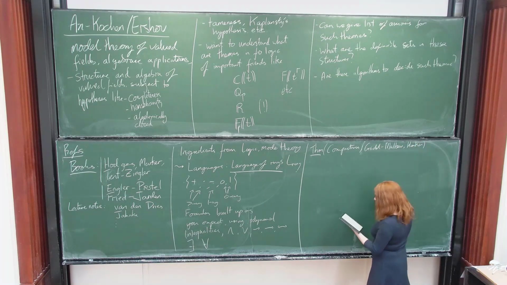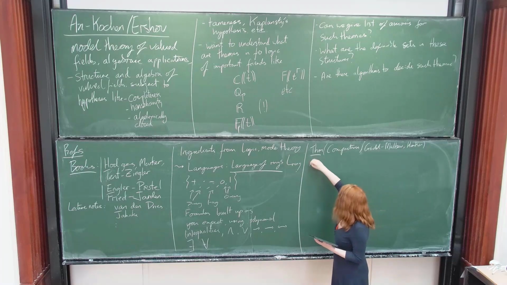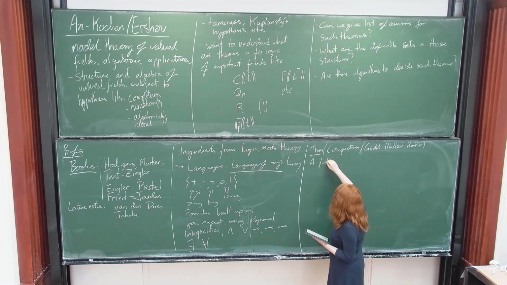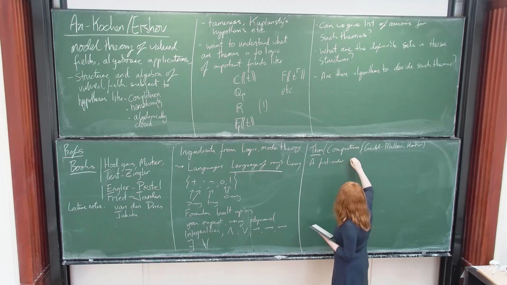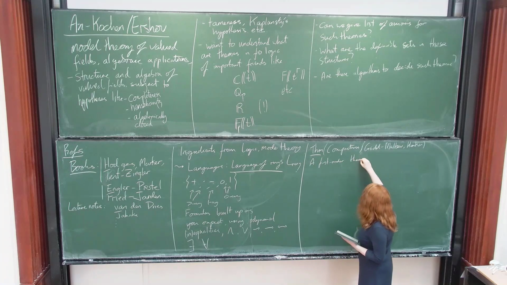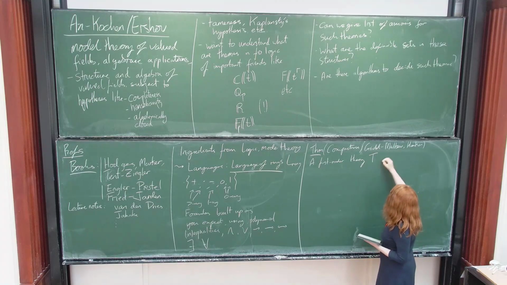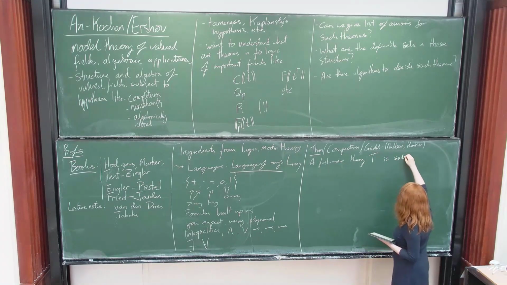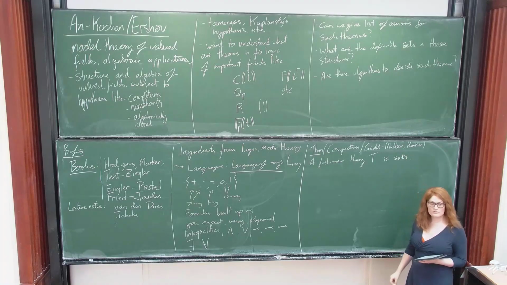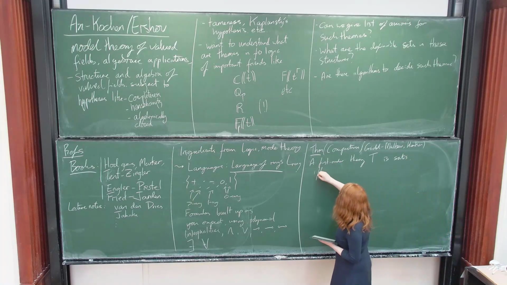Things like this were known to a lot of people around that time. The first order theory, which means a set of sentences in the first order language, is satisfiable as a model if and only if it is finitely satisfiable.